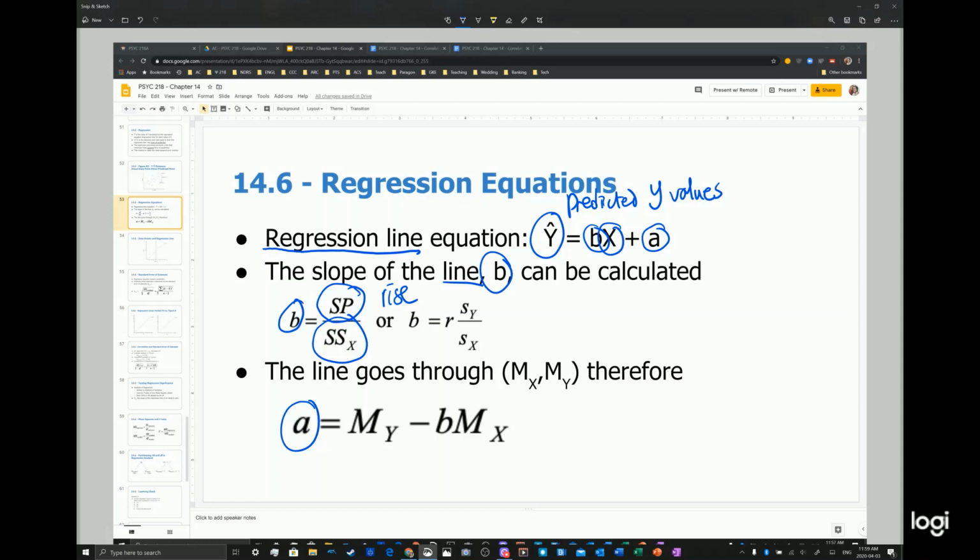Another way to calculate the slope of the regression line, if we already have the variances and Pearson R, is we have the correlation coefficient, and then we do rise over run again. The rise is the SD of your y values, these are actual data point y values, and here's your run, which is the standard deviation of your x values.